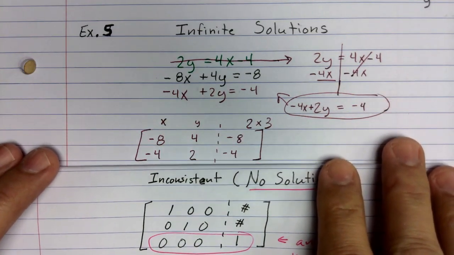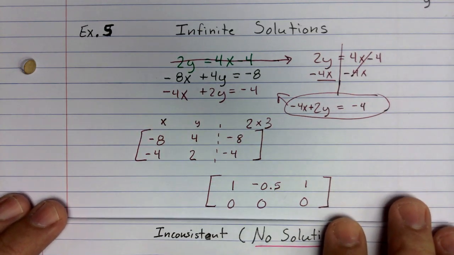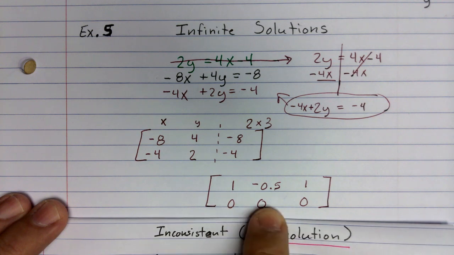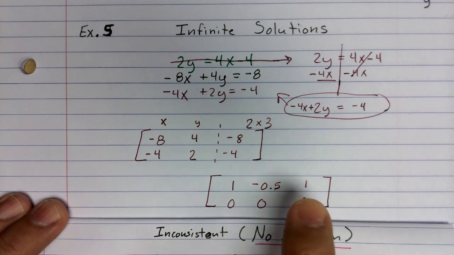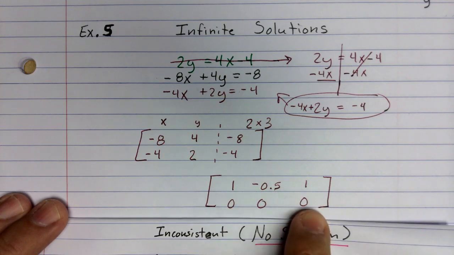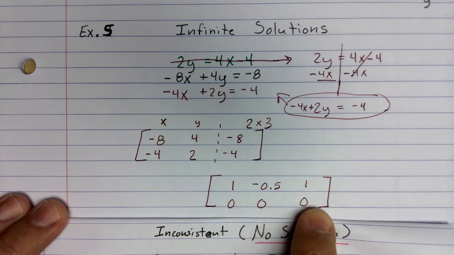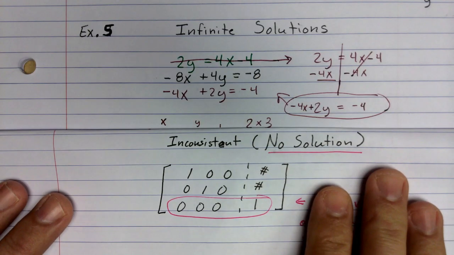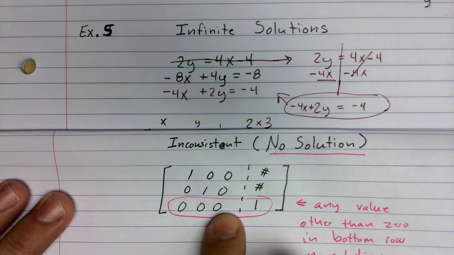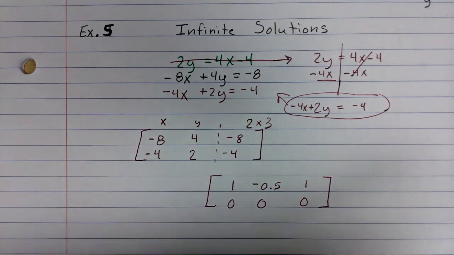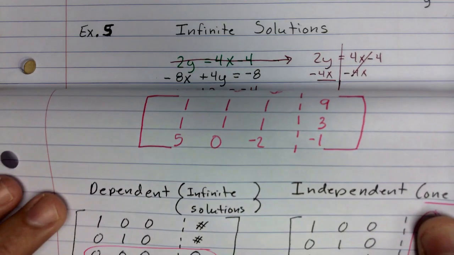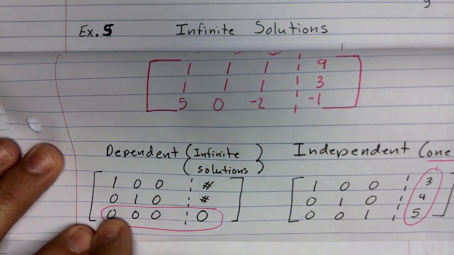But I want you to notice on this one here, when we look at the answer, it does have the zeros on the left, which would make you think this is either a no solution or infinite solution situation. However, on the bottom right, it doesn't have a 1 down there. It has a 0. So since the bottom is a row all full of zeros, instead of it being no solution like this one, where we had all zeros and a 1, it's going to be infinite solutions because we have zeros all the way across.